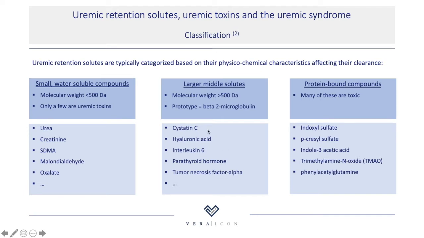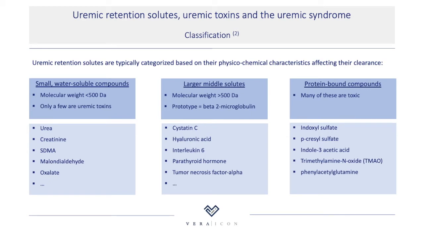They're all retained in the blood, but they're not that toxic. The toxicity is especially in this category. And actually, in human medicine, five molecules have been identified as being extremely toxic.